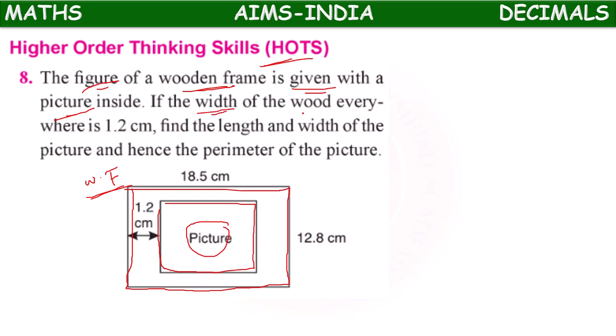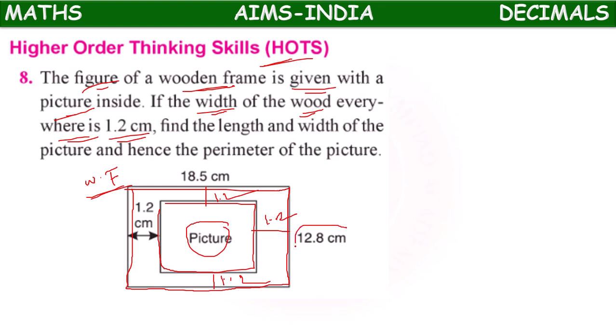If the width of wood everywhere is 1.2 centimeter, means this side also wood, this side also wooden frame, here also wooden frame, it is 1.2. Here also 1.2, here also 1.2. That is the width of the wooden frame.